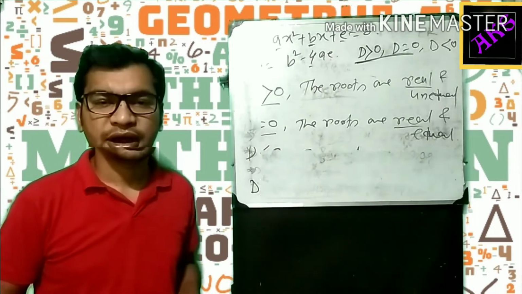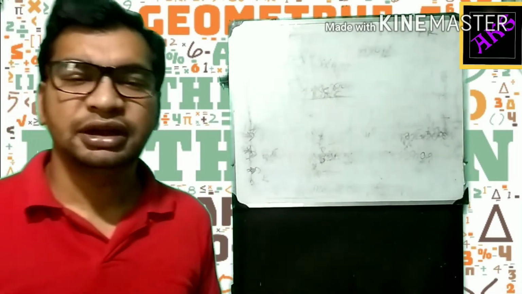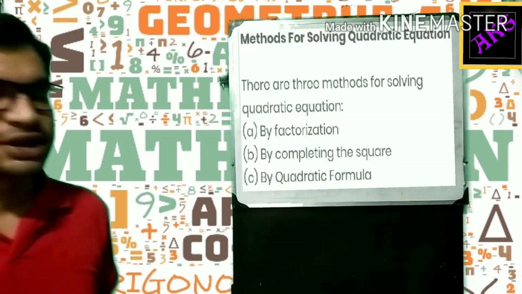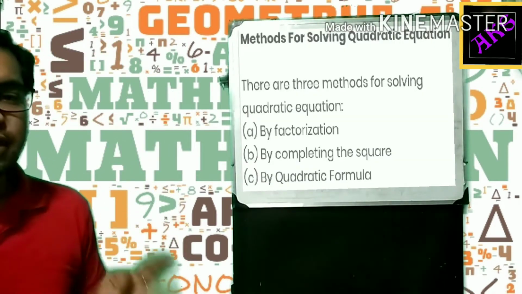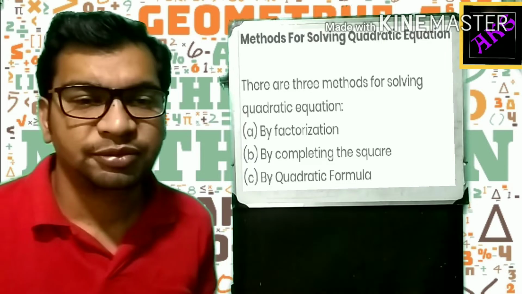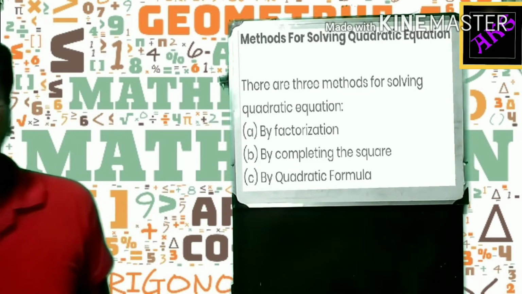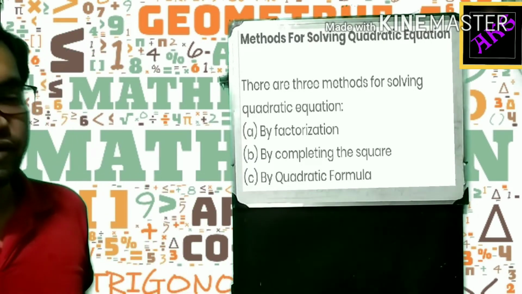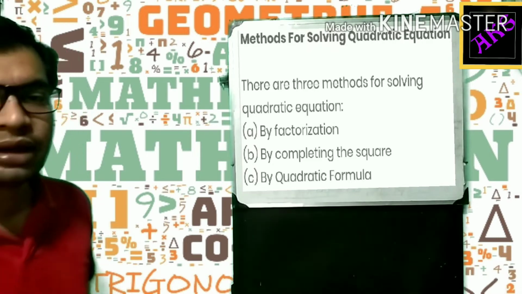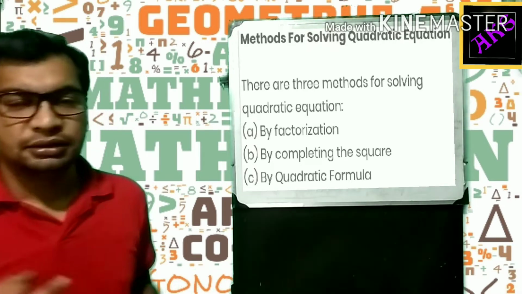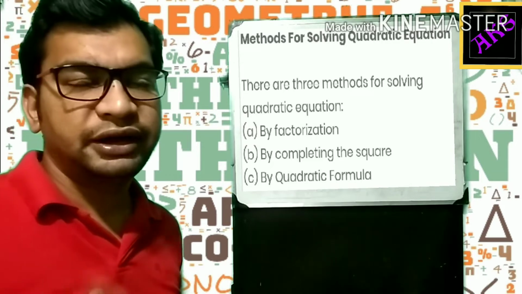Okay, our next topic is the methods of solving quadratic equations. There are basically 3 methods of solving this type of equations. First, by factorization, that means by middle term or using any formula. Next is by use of quadratic formula.